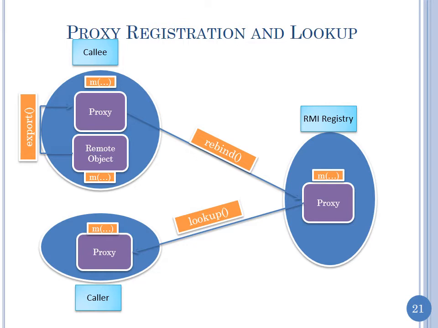And the export operation is a new operation that is peculiar to proxies and remote objects. So that is the only new concept that we are adding to the general idea of a name server. And once this is established, any methods that you invoke on the proxy go to the remote object. The proxy has that behavior.